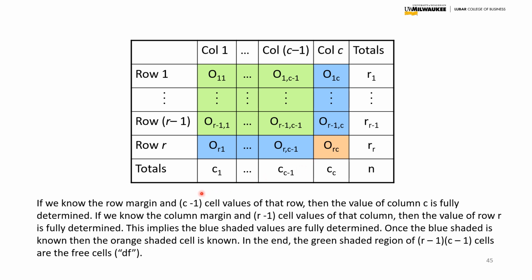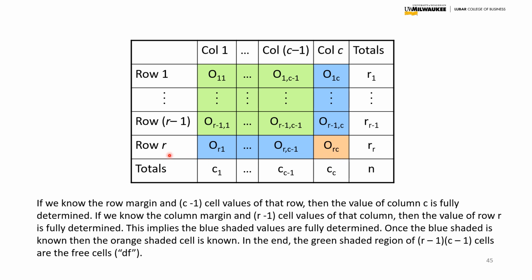We can go through a similar argument going across the column counts, noting that given a column count, the first r minus 1 rows can be free to be whatever, but the rth row is restricted given the column count. And then finally, I just have here the overlap.